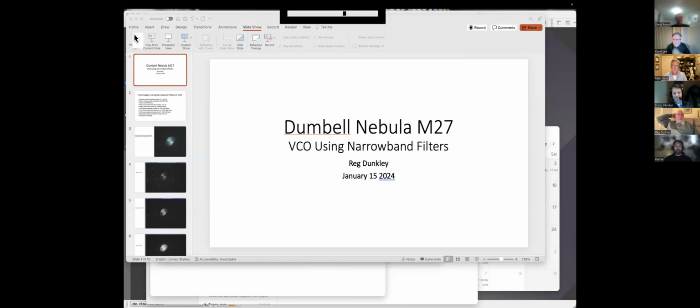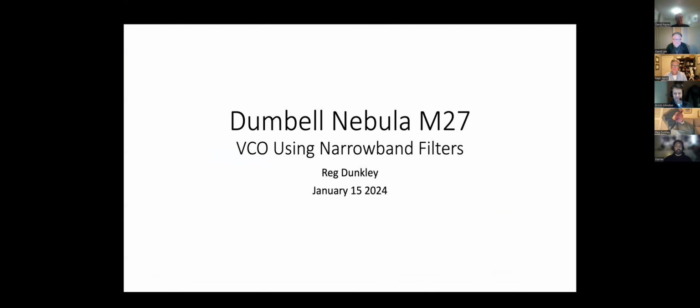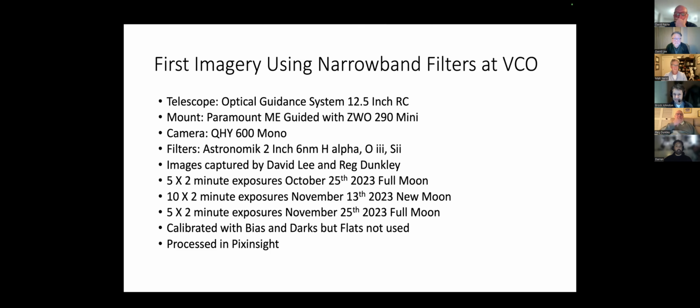Okay, so at the VCO, we acquired their narrowband filters early this fall, I think, is when we installed them. David and I have been up there, and one of the objects we did was the Dumbbell. Almost all of the images we caught were at the full moon, so it was not very good.